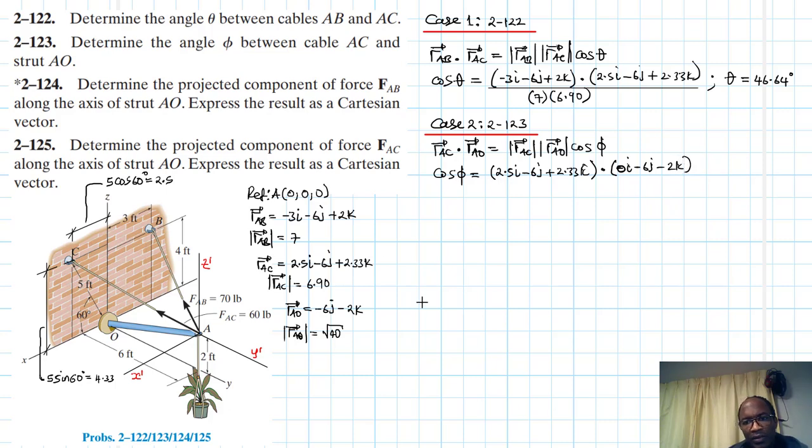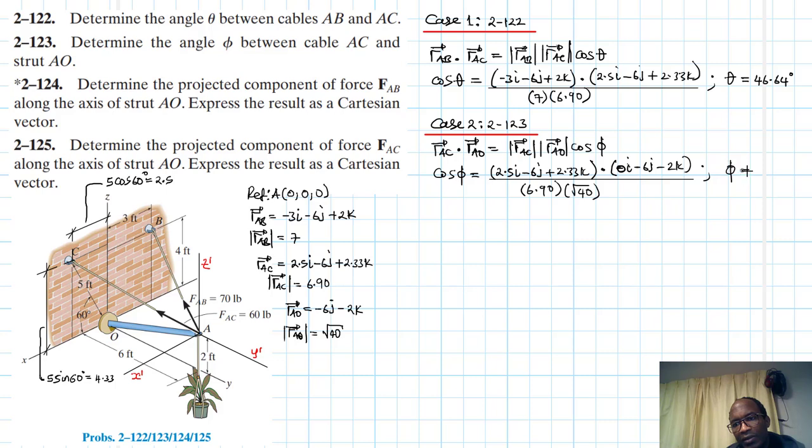And then we are dividing everything by the magnitude of RAC, which is 6.90, times root of 40.